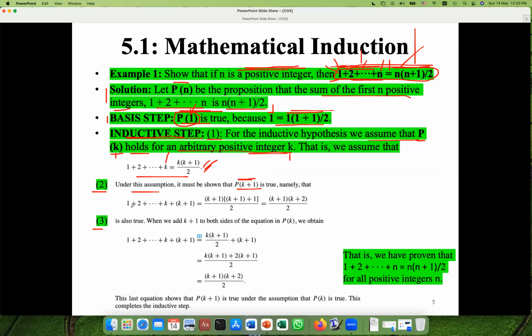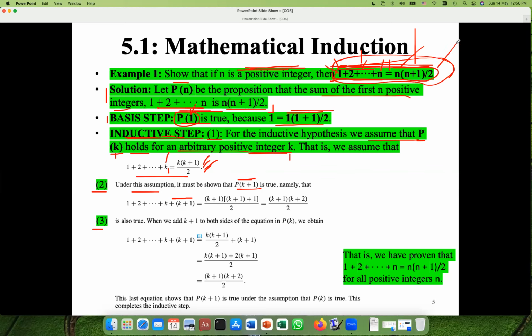Look here. k plus 1 is the next step after k. So 1 plus 2 plus and so on plus k, and then plus k plus 1 is the next step. Just write it. We are just adding that k plus 1 to the k.